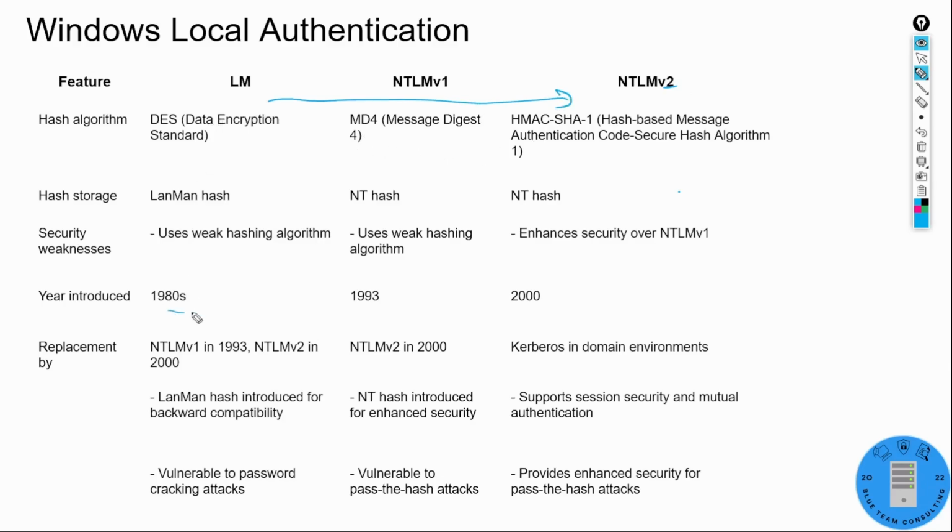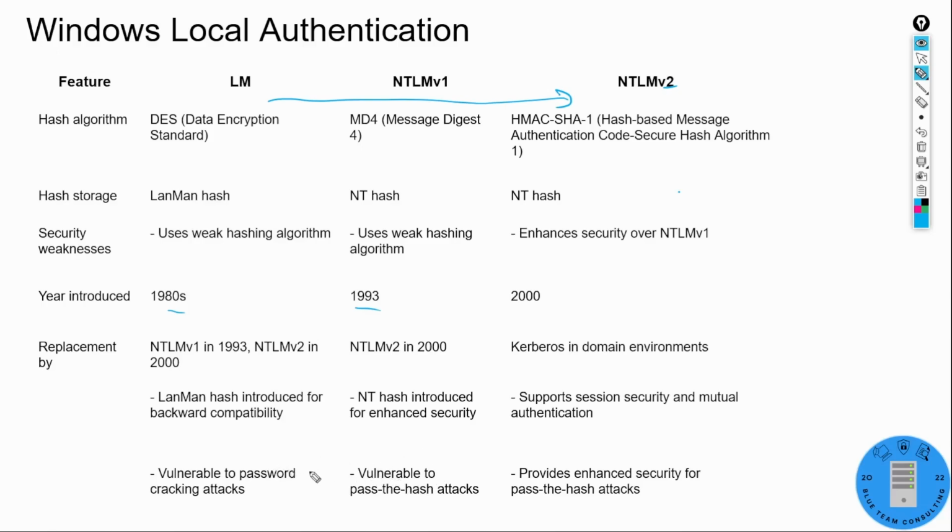This is what it used to be in the 80s for Windows local authentication using LM. In 1993, revamping it, having a better hash, having fixed some of the security issues surrounding the LanMan hash.